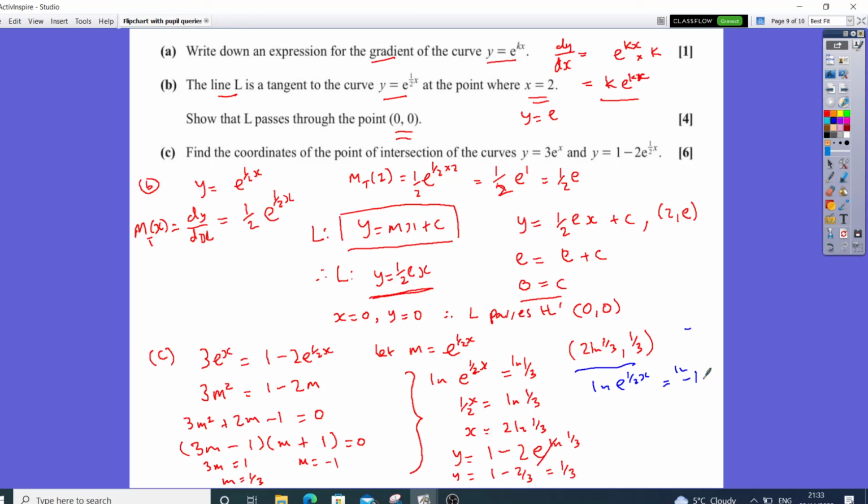So on this part, there are no solutions. So when it asks to find the coordinates of the point of intersection of this curve and this curve, the only point of intersection is this point here. And there's no solutions when that is negative.